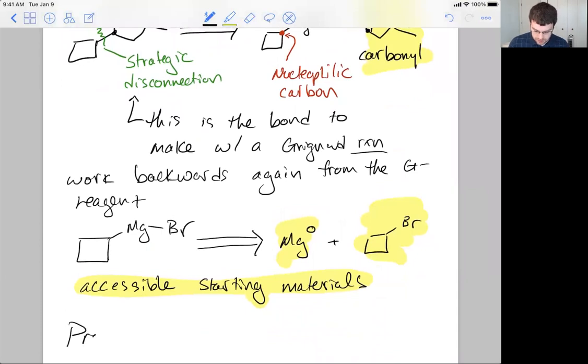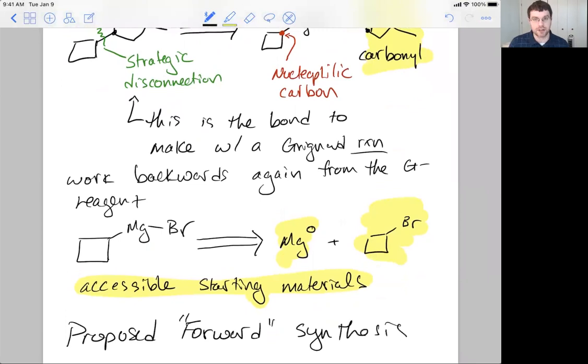So our proposed forward synthesis, which is going to have to go on the next page for me, and I put forward in quotes here, is going to actually be what things were mixed together and under what conditions to give rise to the alcohol that you wanted to obtain. I use the word forward because that's in contrast to the retrosynthetic analysis that was working backwards.